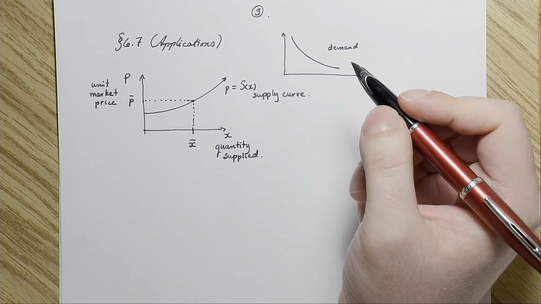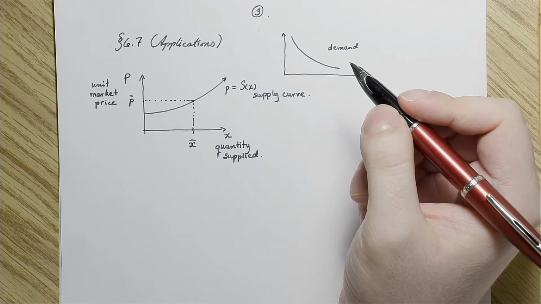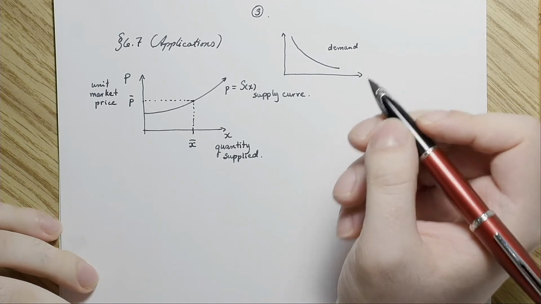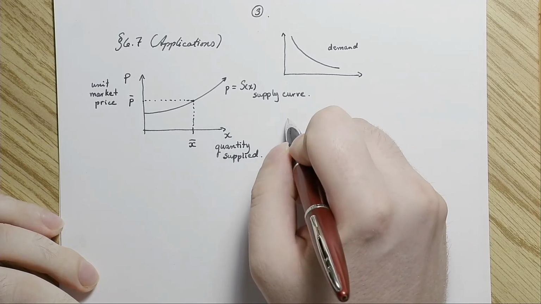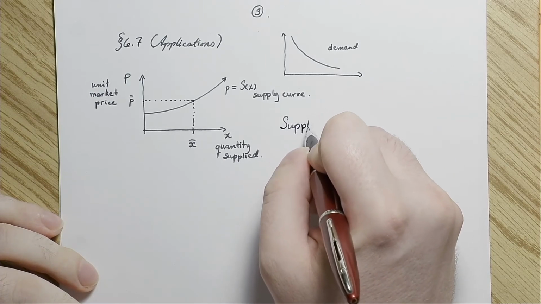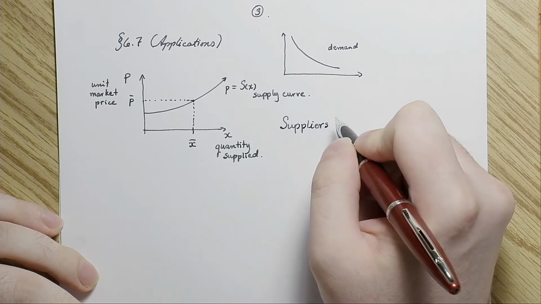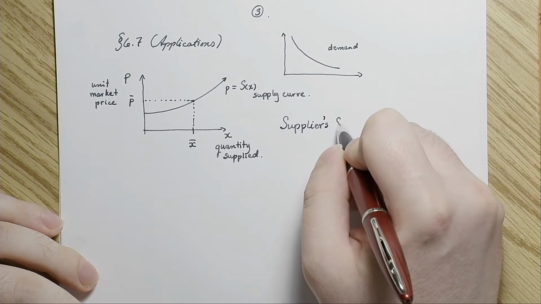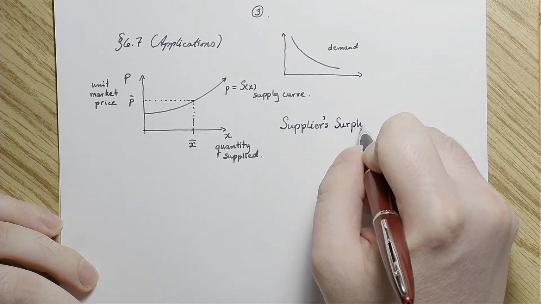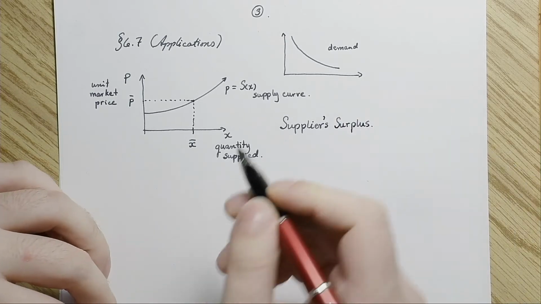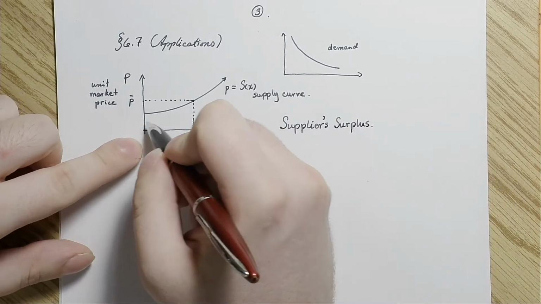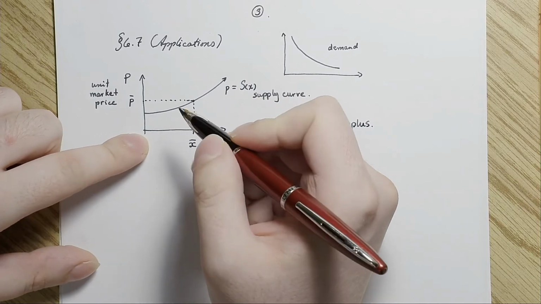Now there's something called the supplier surplus. And that supplier surplus, so this is all the stuff that's being bought by the consumer.